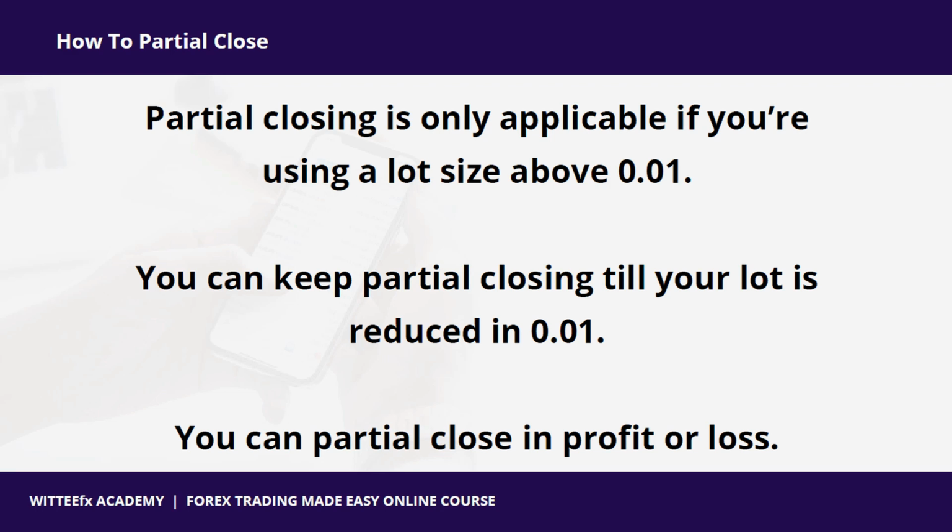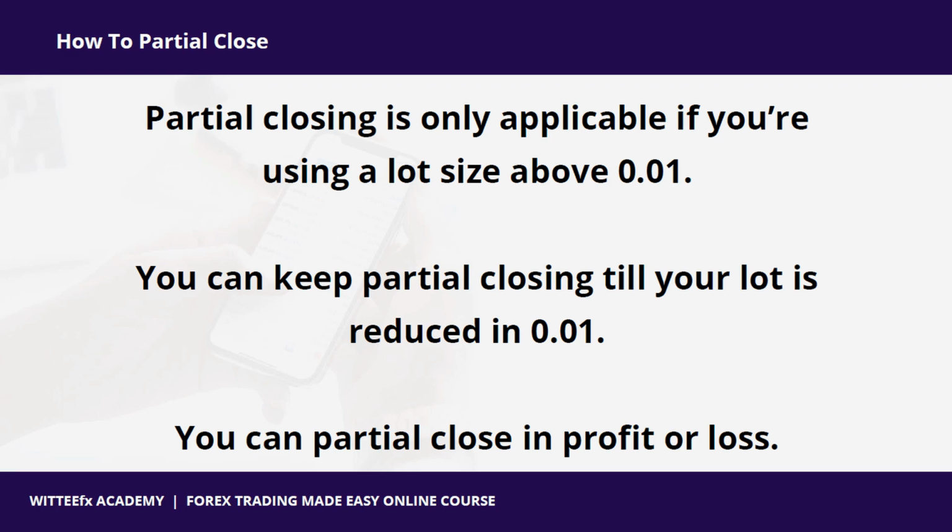And then you can keep partial closing until your lot is reduced to 0.01 lot size, which means even if you are using one standard lot size, you could keep partial closing till you eventually have just 0.01 lot size. You can partial close in profit or in loss. And remember from the previous slide, partial closing can be used to either keep some profit or to reduce your running loss in the trade.